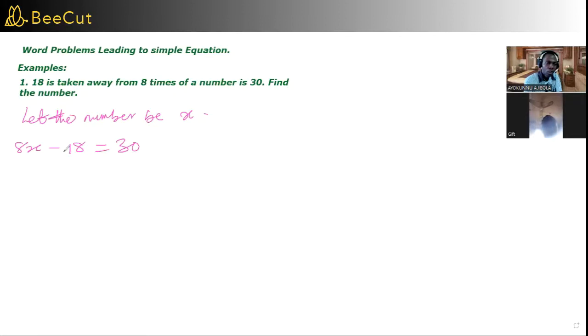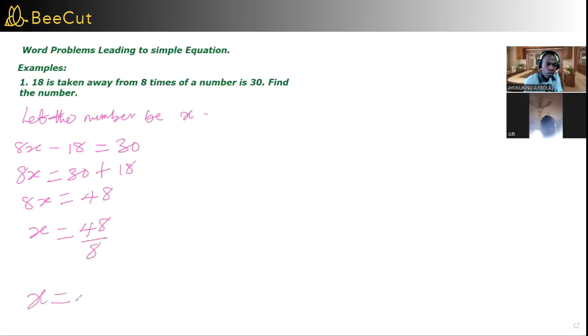What you do, you take the 18 to the right-hand side, becoming positive from negative. So you have 8X equal to 30 plus 18, and we have 8X equal to 48. And with that, you divide both sides by 8 to leave your X alone. So you have X equal to 48 all over 8.